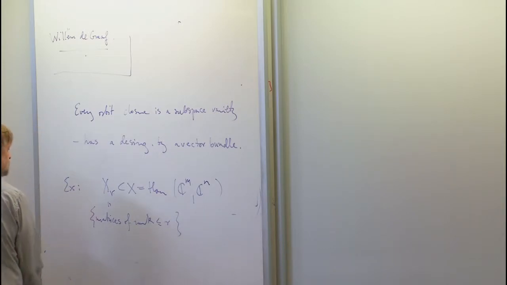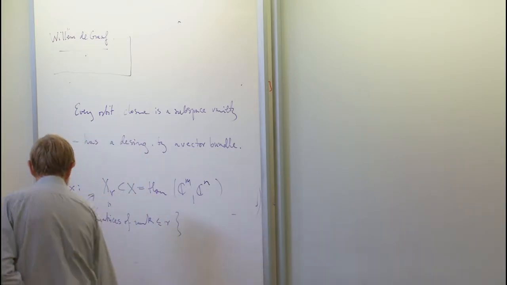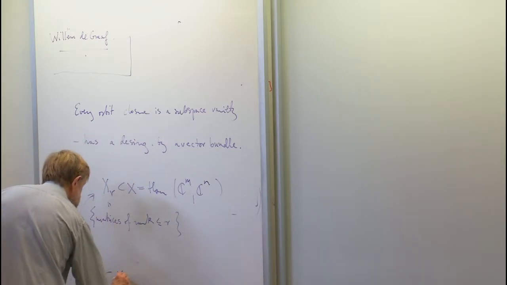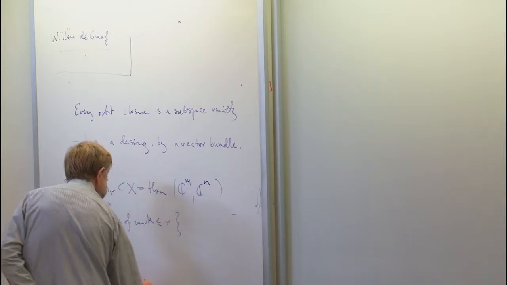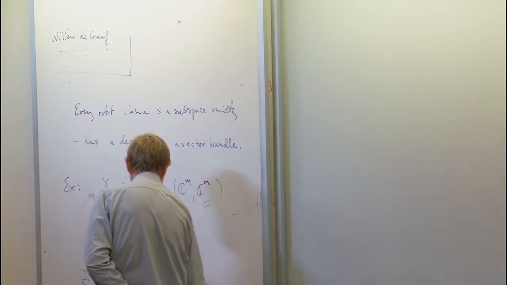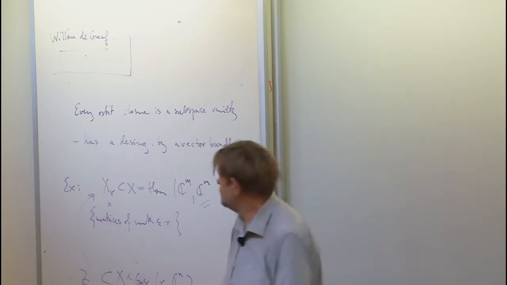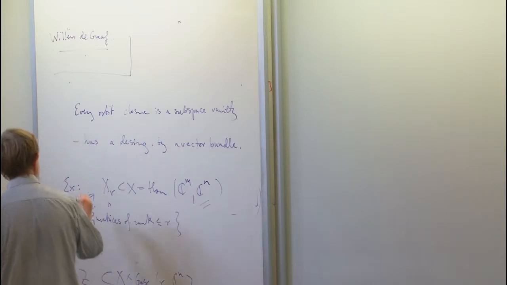Then you can desingularize it. You can find a variety Z inside of X times the Grassmannian of subspaces of dimension r in C^n. So these are vector bundles where? Vector bundle on some G/P.